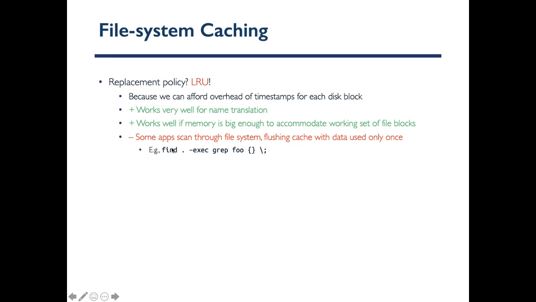Here is an example where you're going through all the files in a directory, searching for a name, for instance. So basically, by doing this, you're going through the inodes of all the files in your directory.